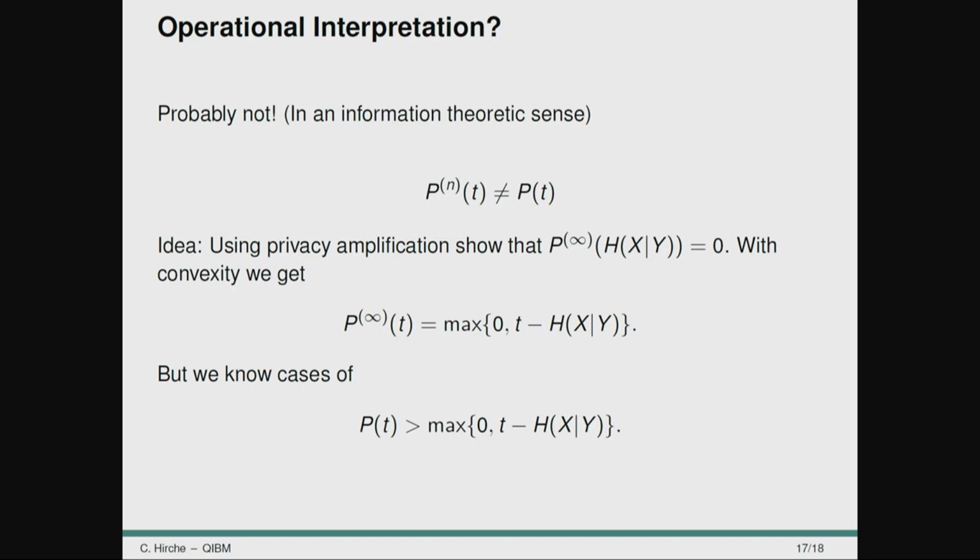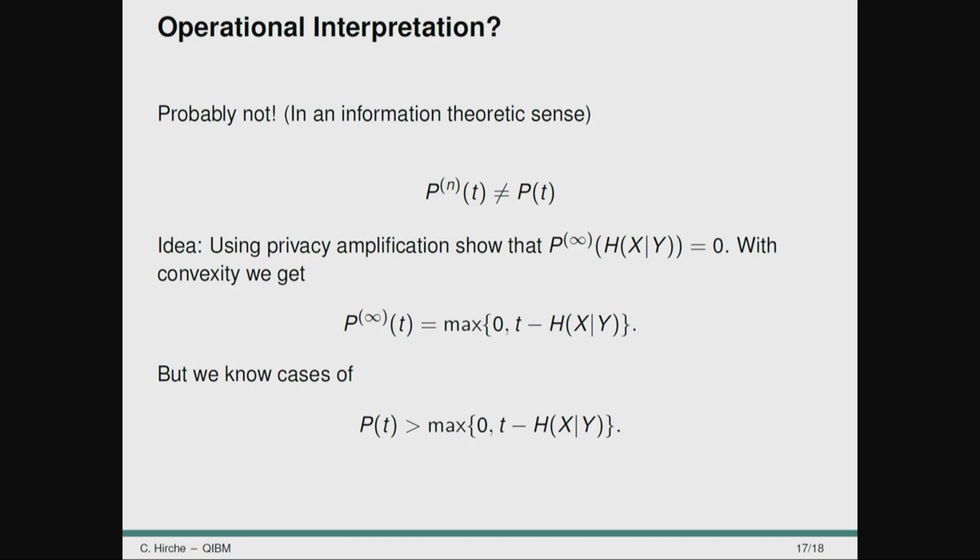So just a brief idea, how do we prove this? We can actually use the classical privacy implication protocol to show one particular point of the privacy funnel function in this regularized case when we let n go to infinity.